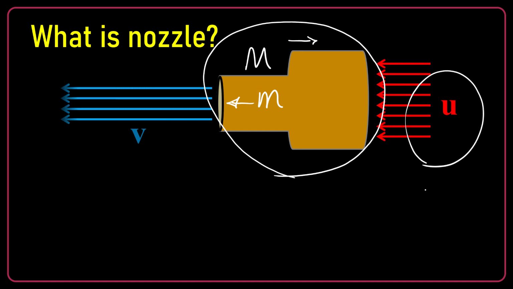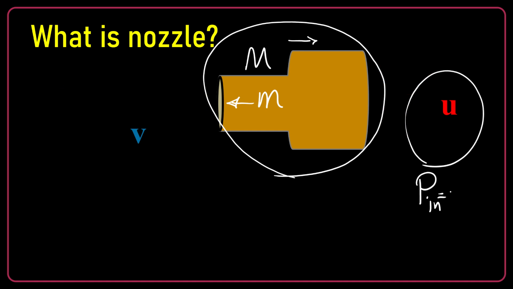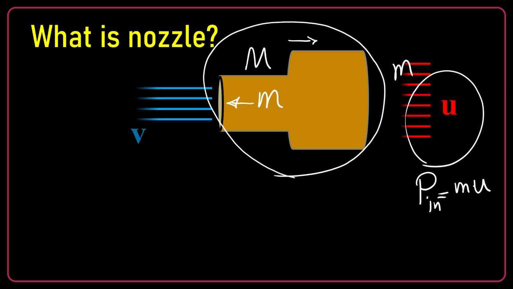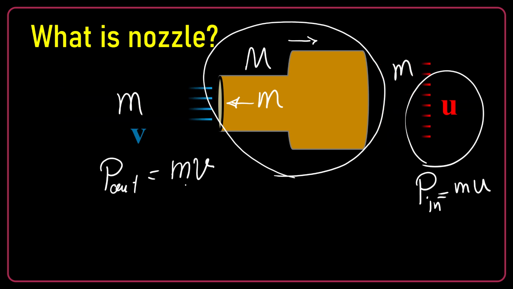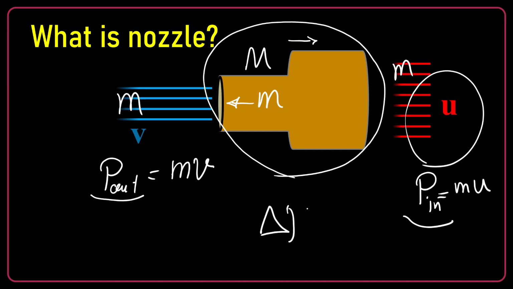Why? The momentum in is the mass of the water times U, the input speed. Here we have the same mass but a different speed. So the momentum out is M times V. The momentum out is larger than the momentum in, so there is a change in momentum.